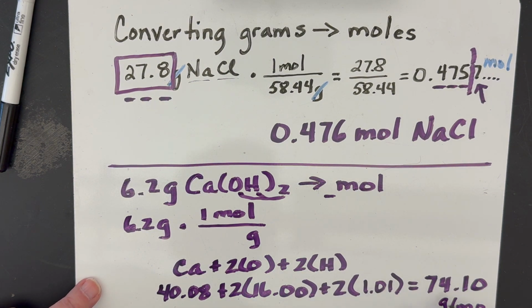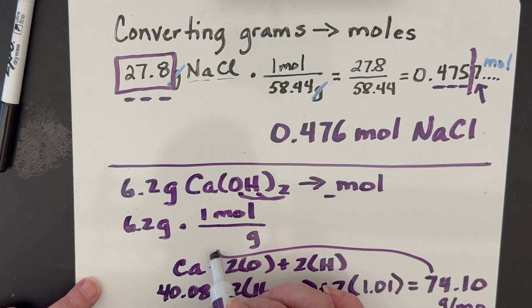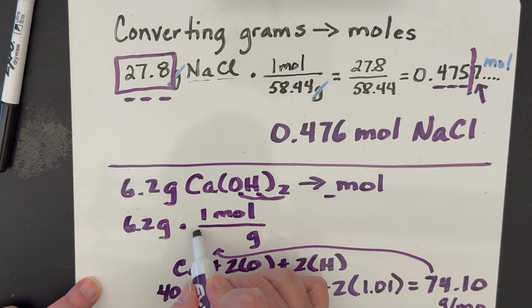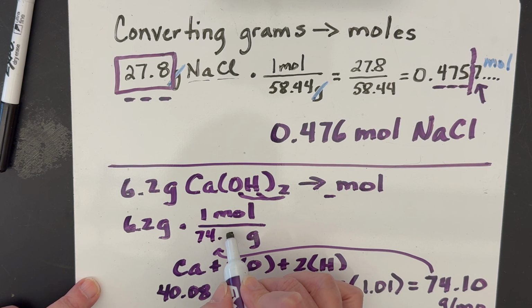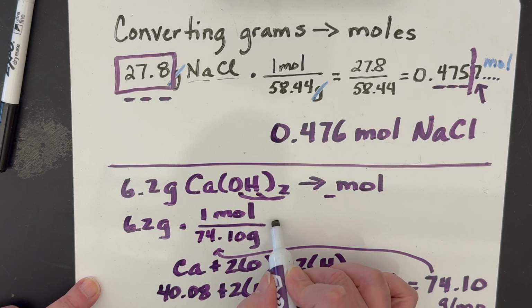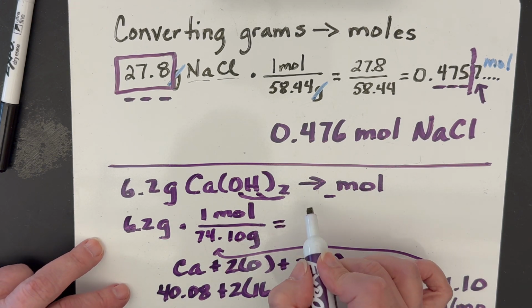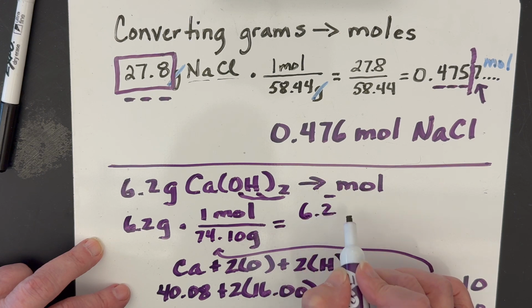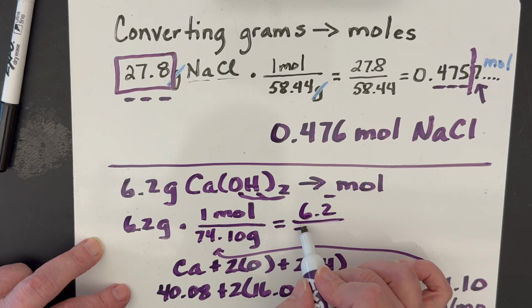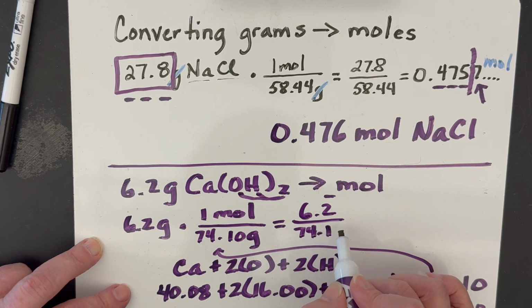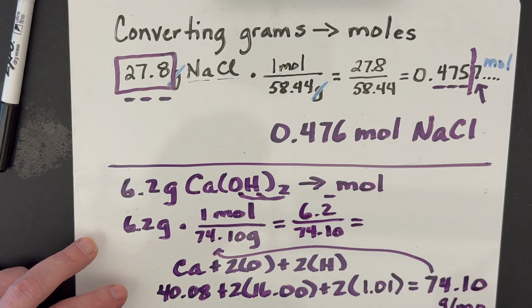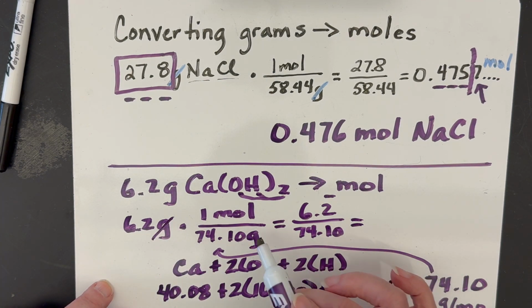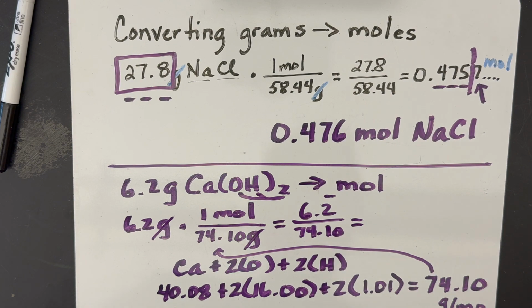That number, the molar mass, is what we are going to put in our conversion factor. So 74.10. So we're going to end up with 6.2 divided by 74.10 equals, remember our gram unit cancels, we're left with moles.